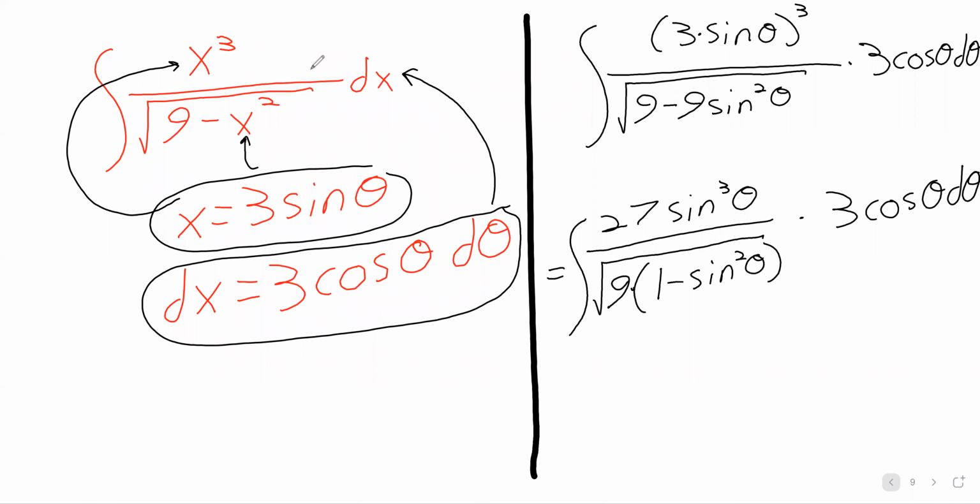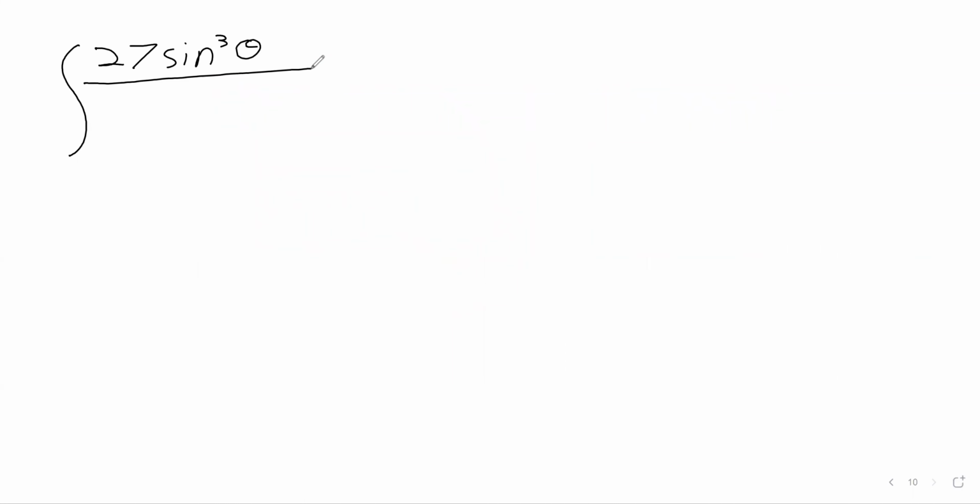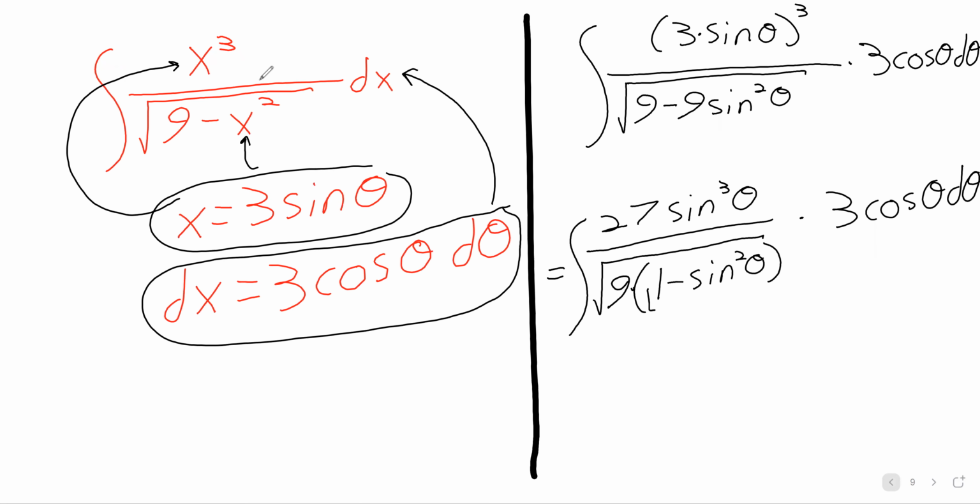The top I'll just leave unchanged. The bottom, as I say, the square root of a product will give us the square root of 9, which is 3, times the square root of 1 minus the sine squared.